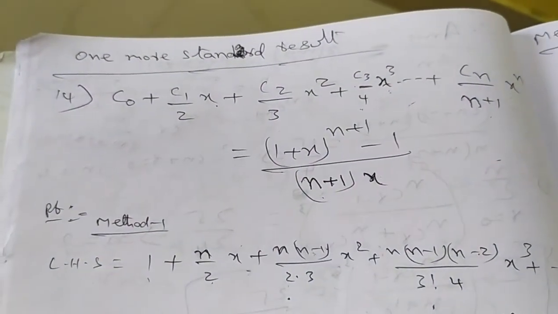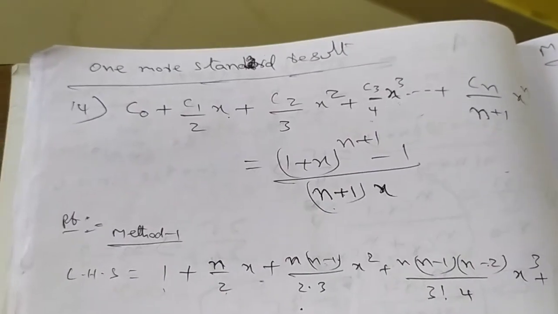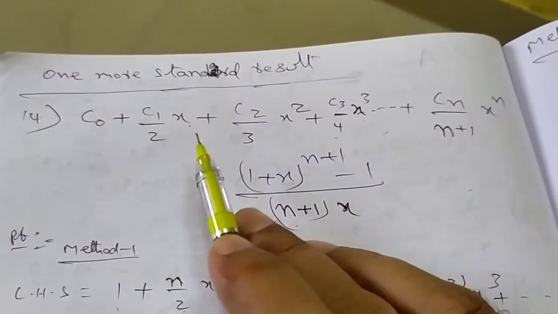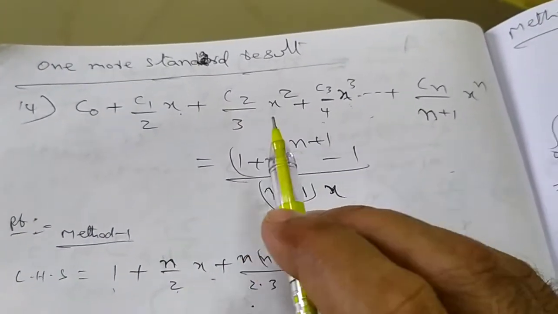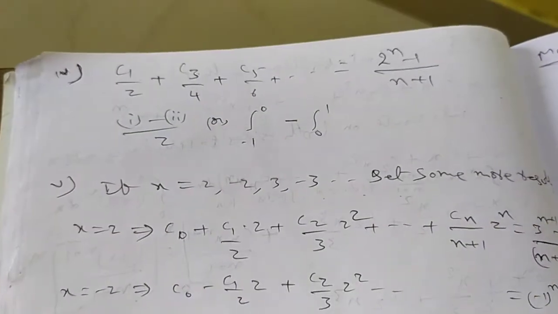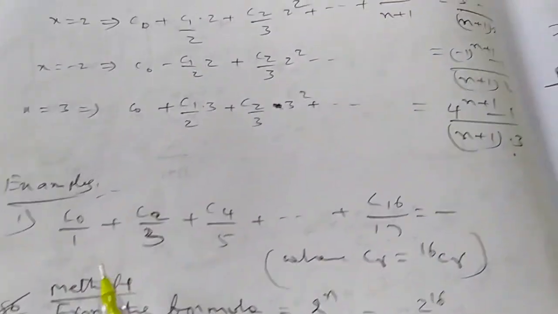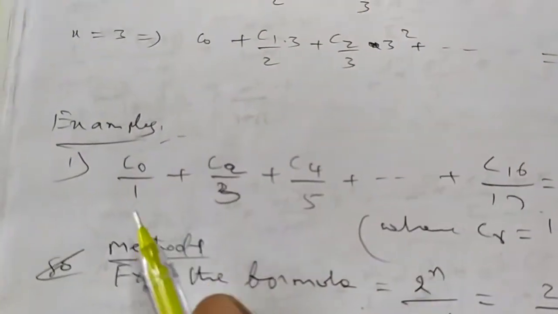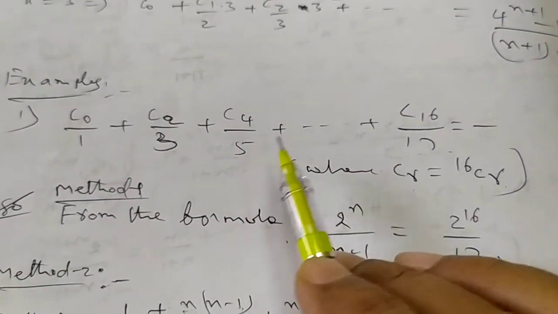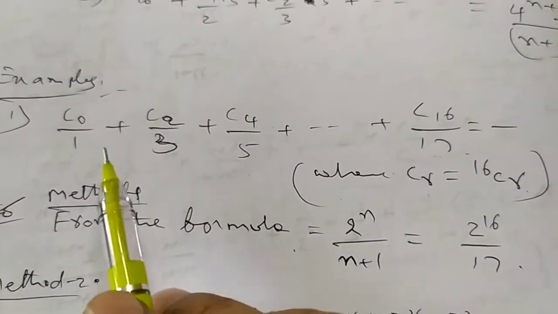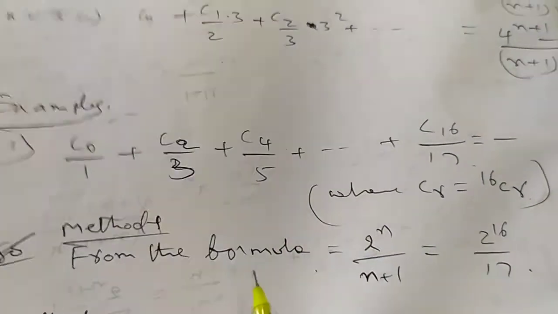See the required. So by keeping x equal to 1, minus 1, 2, minus 2, we get the required results. See the problem. Example. The value of C0 by 1 plus C2 by 3 plus C4 by 5 and so on. So direct formula.